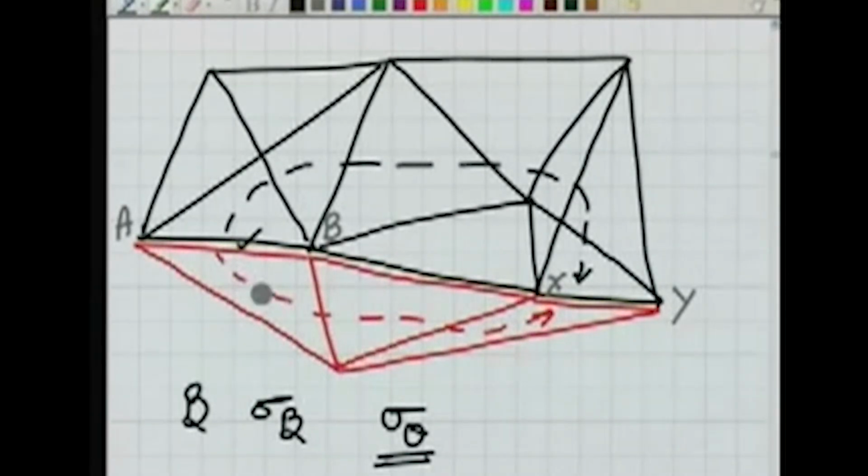So in each route, because of this error, there will be error propagation in the computation of length. We have seen that.